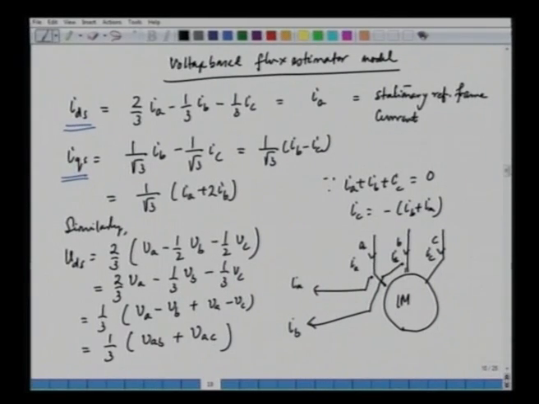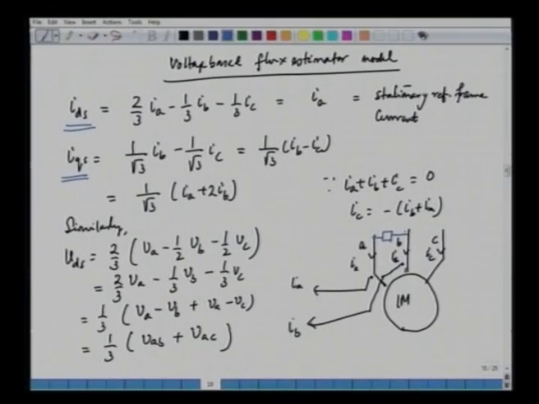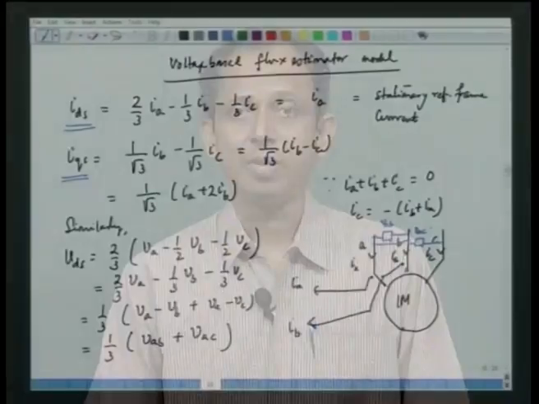VAB is the line voltage between A and B. So, if I have a voltage sensor here, this voltage sensor will be measuring VAB. And if I have a voltage sensor between A and C, this will be measuring VAC.